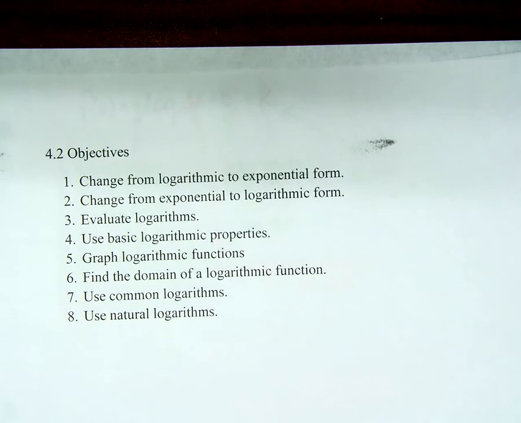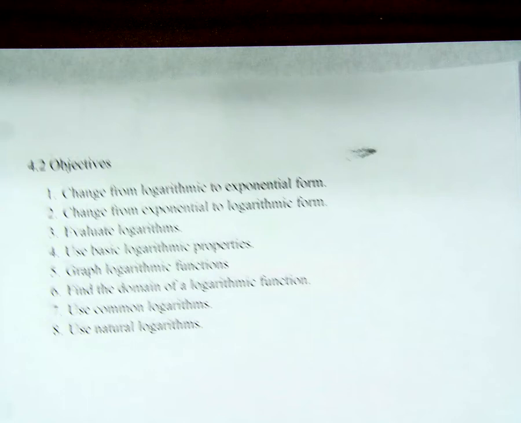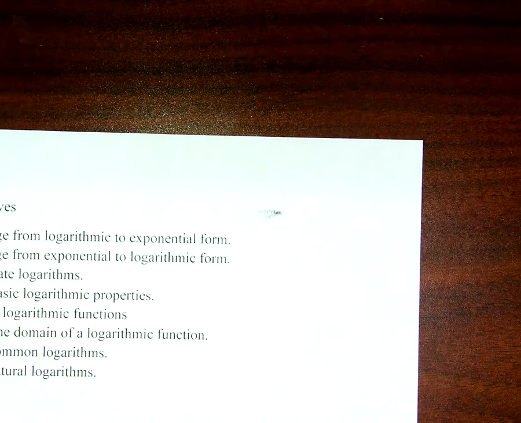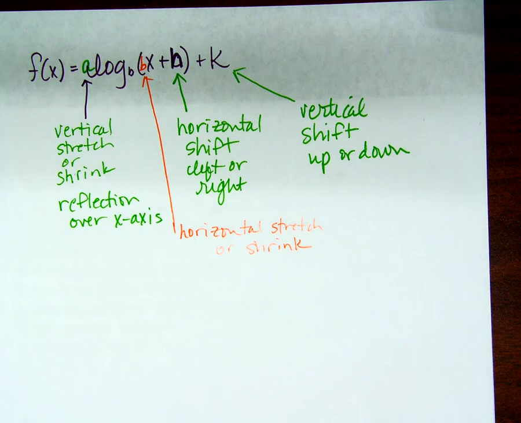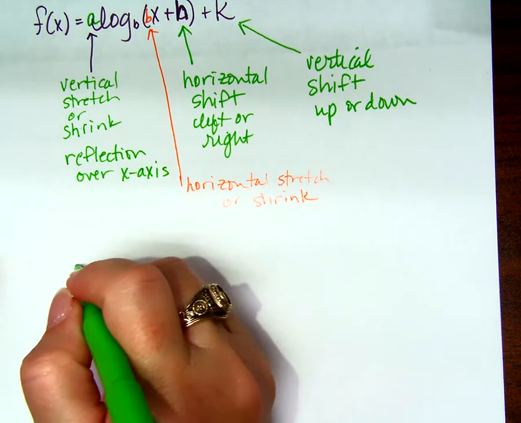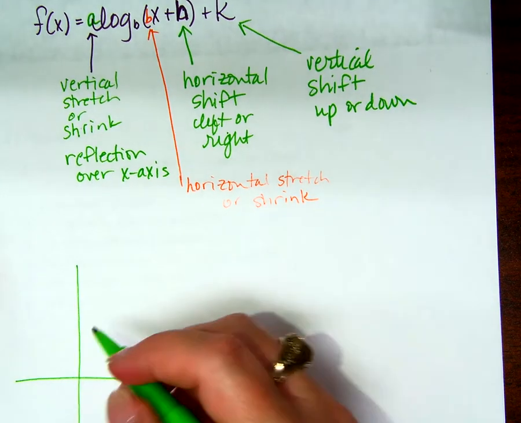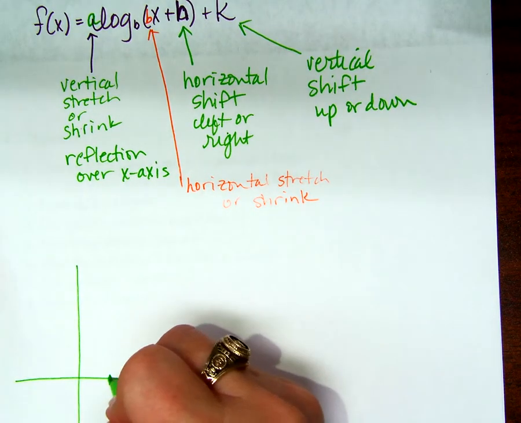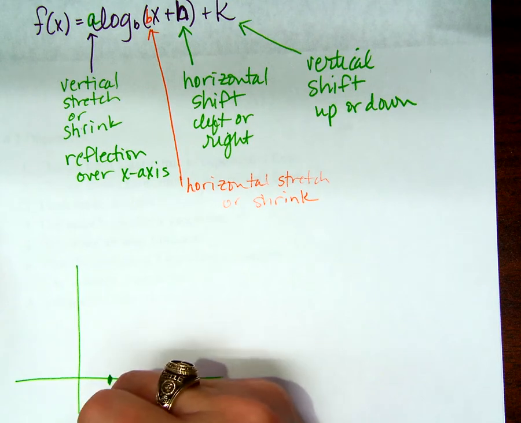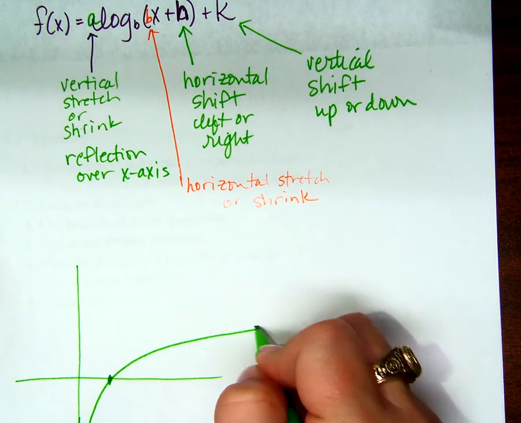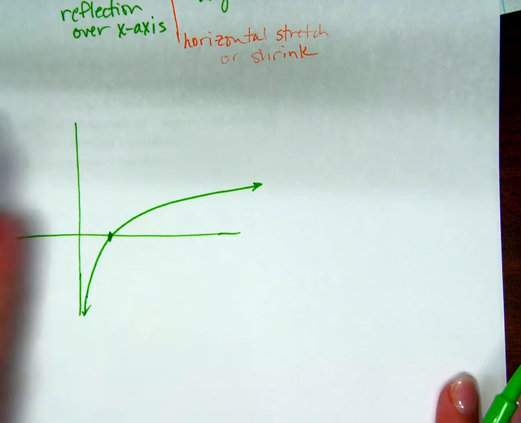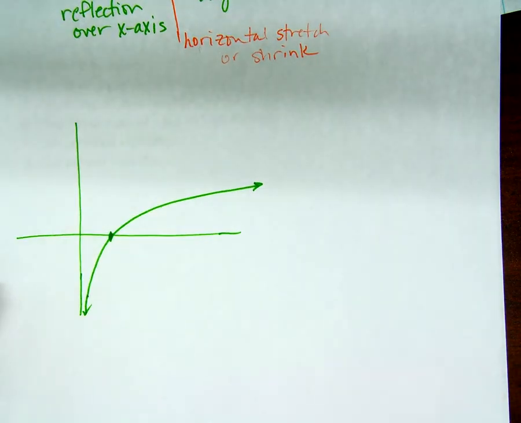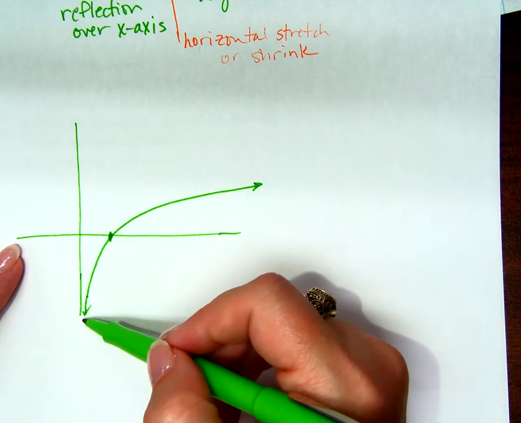What about domain and range of logarithms? Do you remember what the parent function looks like for a logarithmic function? It's basically something like that. So where's the asymptote? Yeah, the y-axis, right? The y-axis is the asymptote because it's going to get closer and closer to but never touch it.